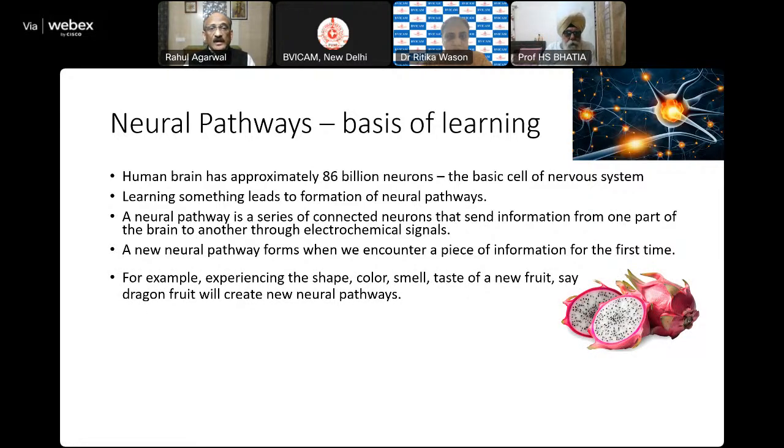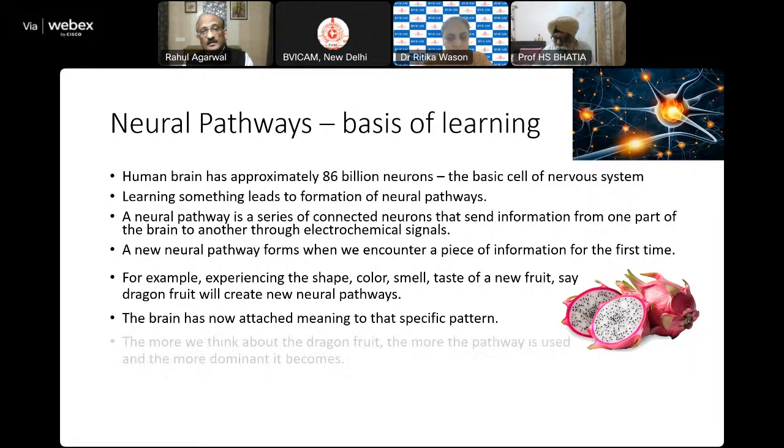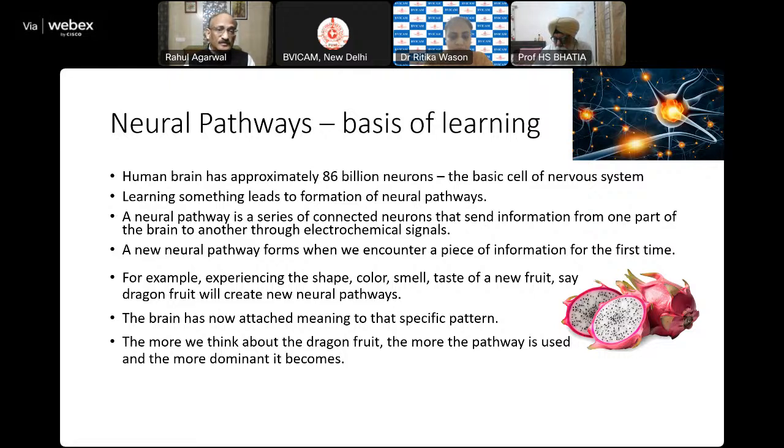So for example, experiencing the shape, color, smell, taste of a new fruit, say maybe dragon fruit, will create a new neural pathway. So whenever you see something new, you associate it with some specific name given to that. So brain has now attached a meaning to this specific pattern, and there's a new neural pathway created for that. So the more we think about the dragon fruit, the more the pathway is used and the more dominant it becomes. So as we use this neural pathway more and more, it will become stronger.